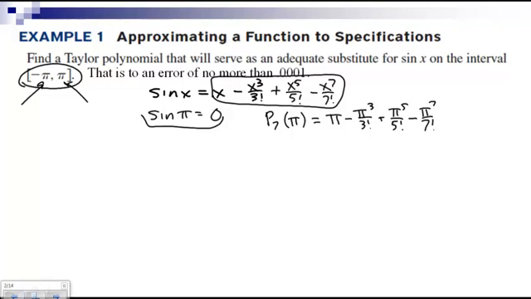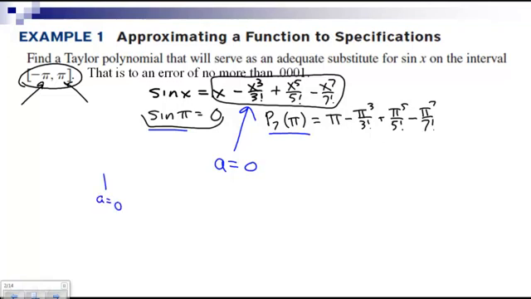When I say further from the center, I'm referring to the fact that this Taylor series is centered at 0, and that the error, or the difference between P7 and the real function, is going to be, let's say, we'll do it like this.